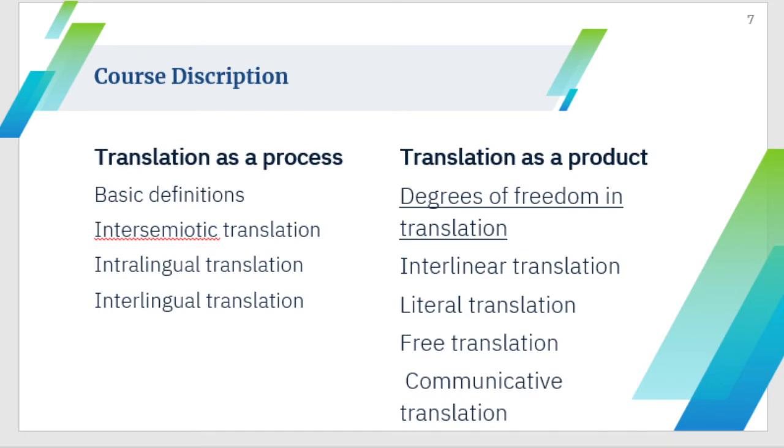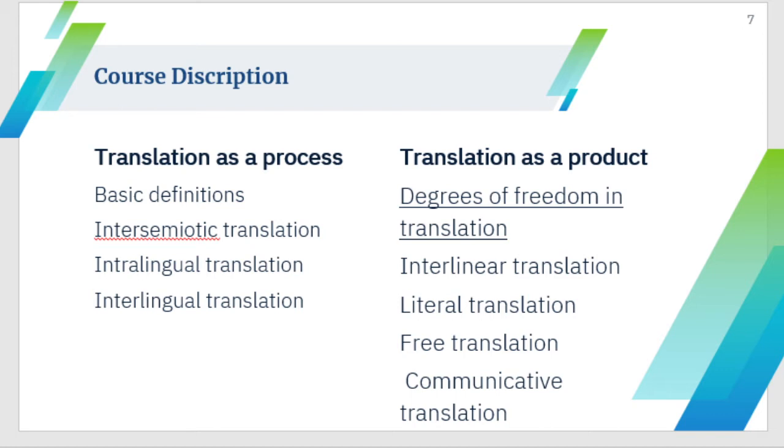So we will learn during the next 14 weeks translation as a process and as a product. During translation as a process, we'll learn some basic definitions used in translation. We'll learn about intersemiotic translation, intralingual translation, and interlingual translation.